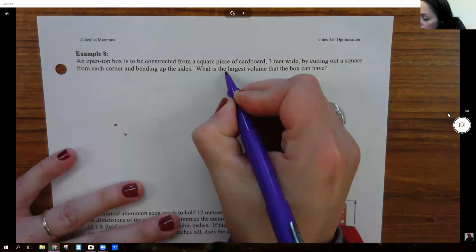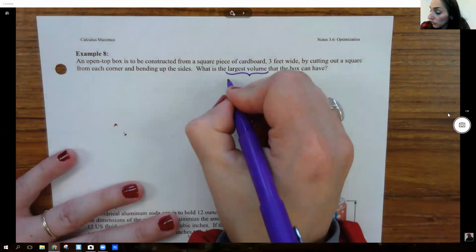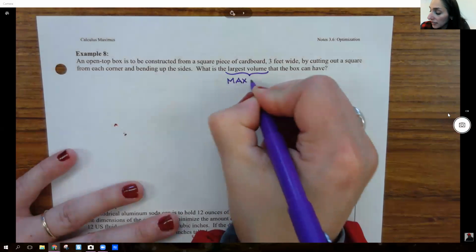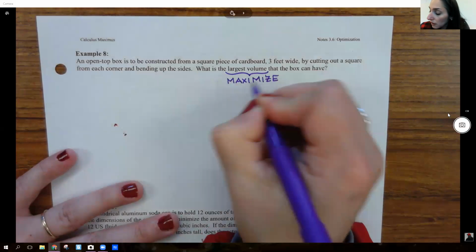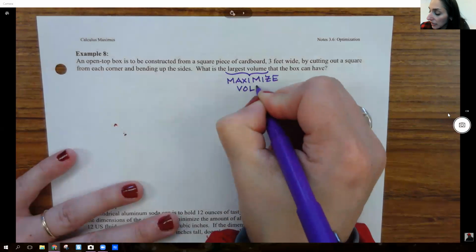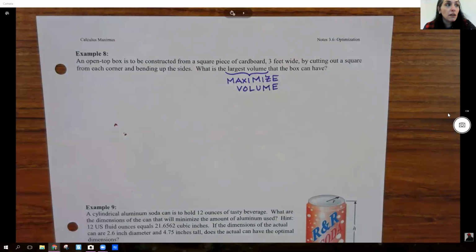We are looking for the largest volume, so we are looking to maximize volume. We need to think of the formula for volume for a box, because that's the thing we're going to end up taking the derivative of. So what is the formula for the volume of a box?